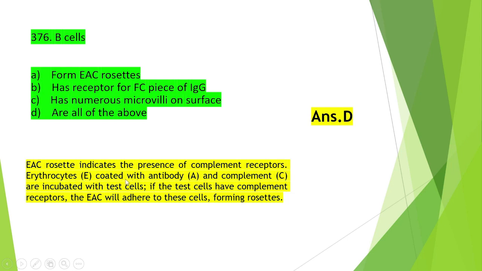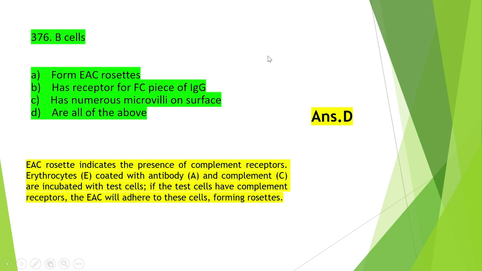Erythrocytes coated with antibody and complement are incubated with the test cell. If the test cell has complement receptors, the EAC will adhere to these cells, forming a rosette. So these are all about the B cell. B cell from EAC rosette has receptor for Fc piece of IgG and has numerous microvilli on surface.